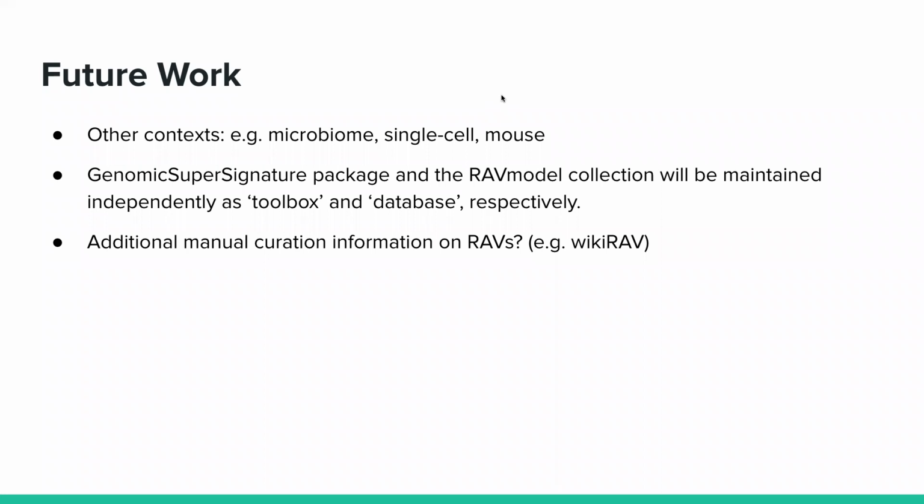A RAV is a principal component in a published data set. So by itself, there are no pathways involved.